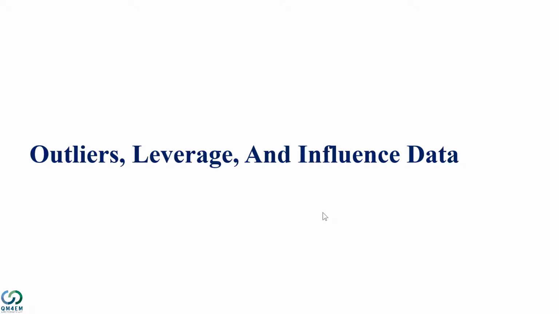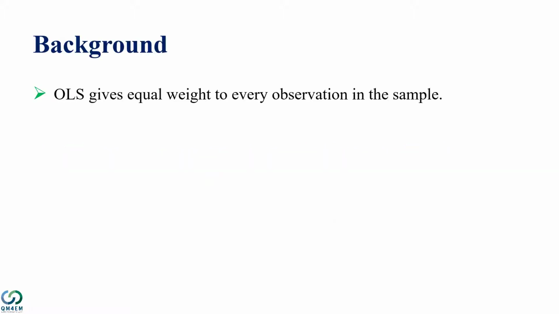So when we start, the OLS method gives equal weight to every observation in the sample. It's like if you have a 20-year time series, the first year observation has equal weight to the second year observation and the third year observation and the fourth year and subsequently up to the 20th.